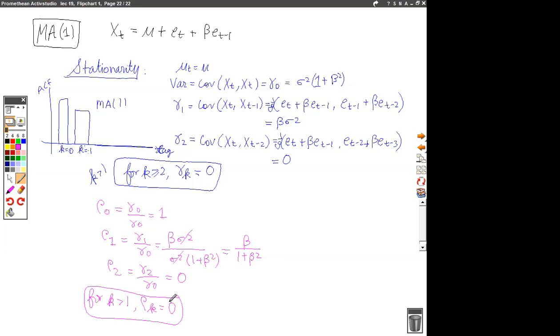Now I will tell you why we do not have to worry about stationarity, but something else, whenever we are faced with the MA process.